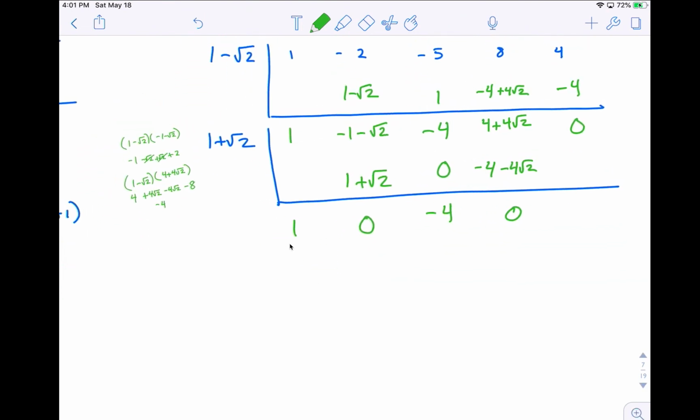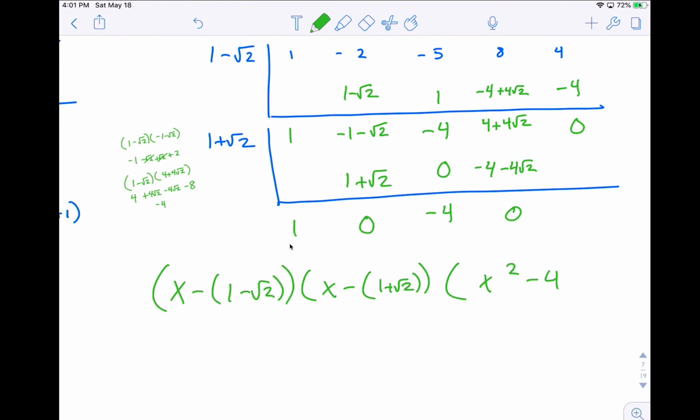Okay, so I have x minus 1 minus root 2, x minus 1 plus root 2, and then x squared minus 4.